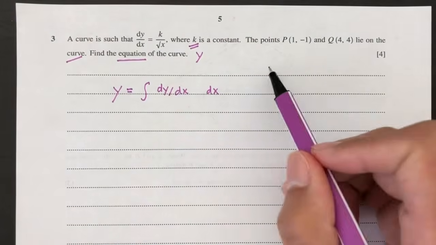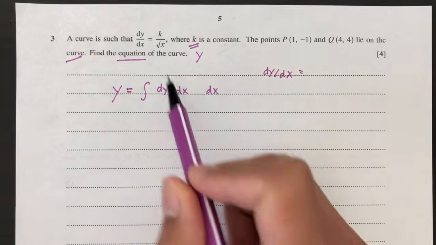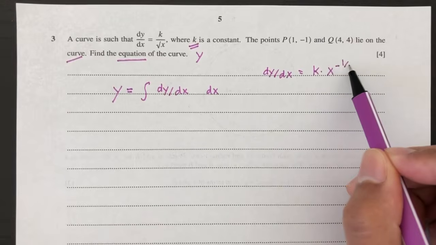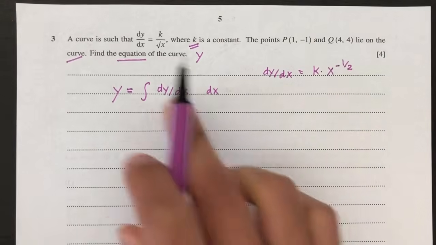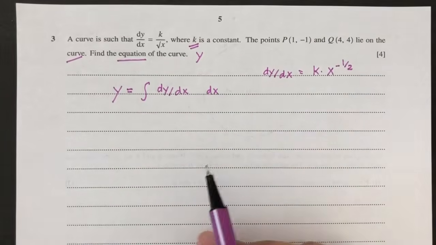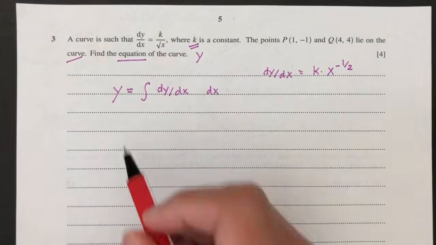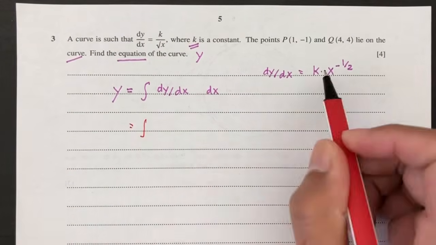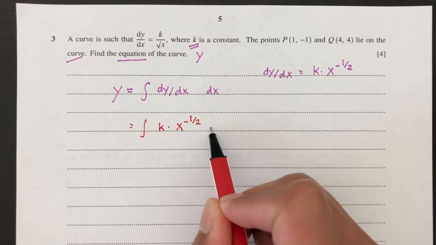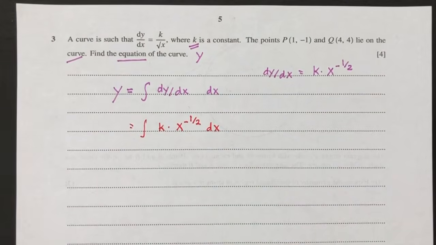So let's rewrite dy/dx, which is k over root of x, so that will be k times x^(-1/2). This is the same thing, we just take the x on top. Now let's try to solve this. So y will be the integration of k times x^(-1/2) dx.